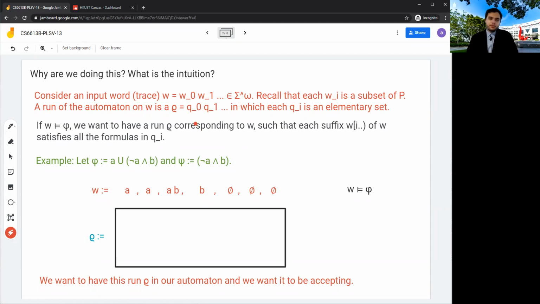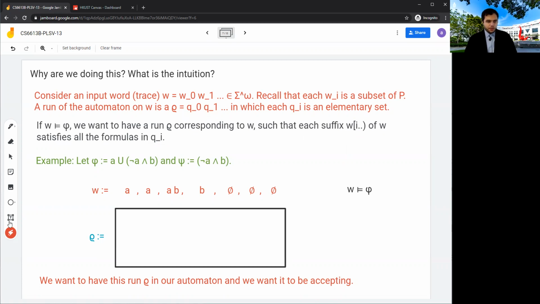Now, if W satisfies my initial formula phi, then I want to make sure that there is at least one such run rho that corresponds to W, such that basically every suffix of W, if I just look at W from index I onwards, satisfies all the formulas in the I-th state in my run, Qi.